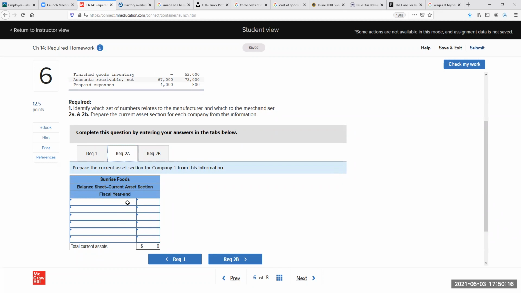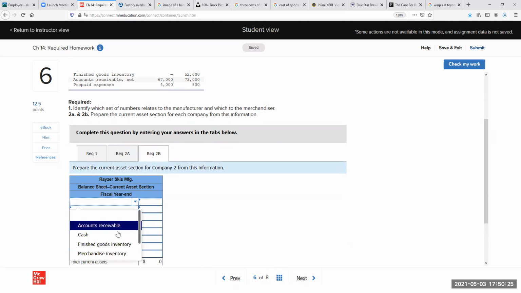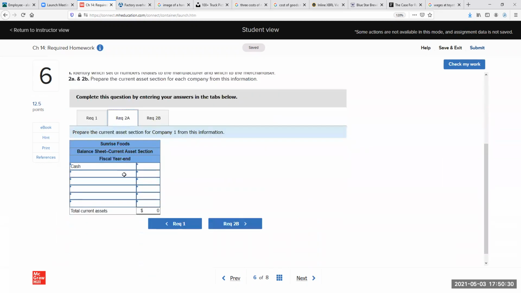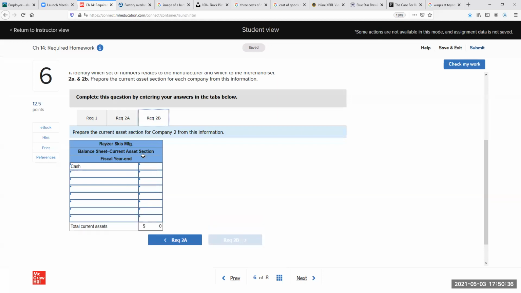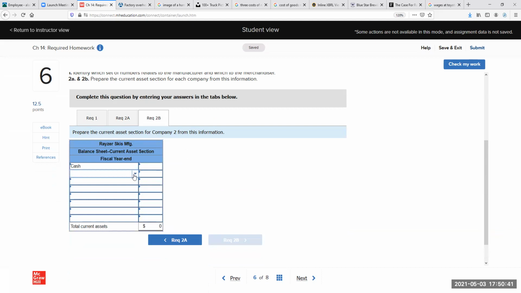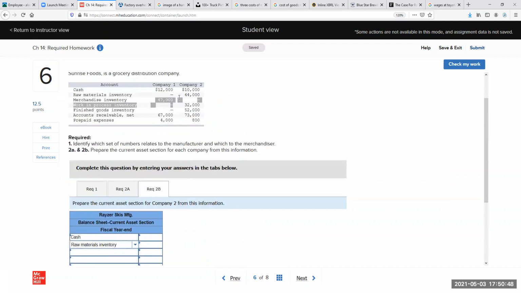So in this case, the balance sheet for company 1. So you have cash and the other company's cash. They want you to show the difference. Do they both have receivables? So this one has merchandise inventory. See? Do they have receivables? No, they were not receivables. But this one has raw materials. It's not merchandise inventory. It's raw materials.